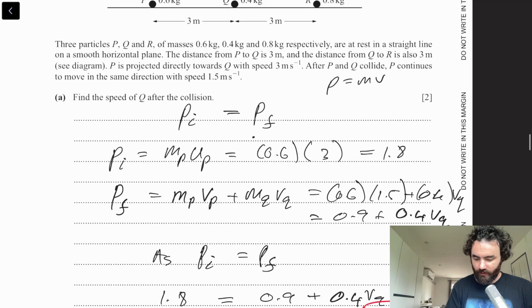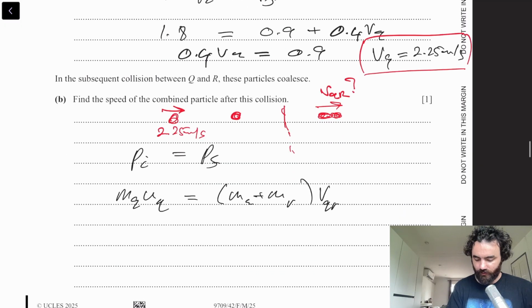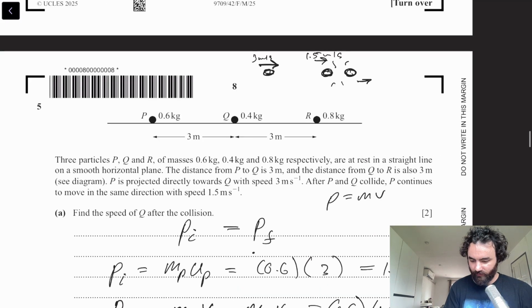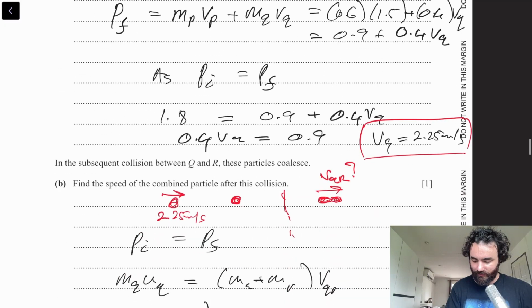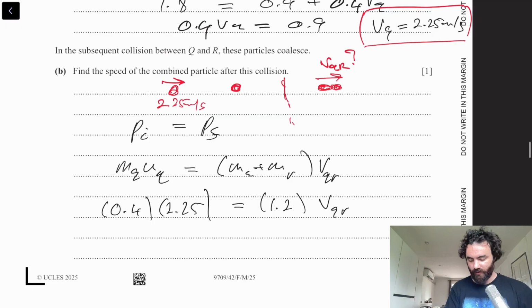So MQ UQ is 0.4 times 2.25, equals the sum of the masses of those two things, 0.4 plus 0.8 is 1.2, times VQR. So you can find VQR when they come together: 0.4 times 2.25 divided by 1.2, which is 0.75 meters per second.